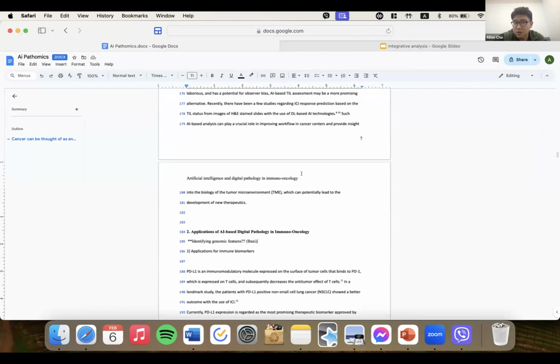While a lot more results are coming out, ultimately it's still in progress, developing a better AI and deep learning system. A lot of the articles keep mentioning that it's still a work in progress.